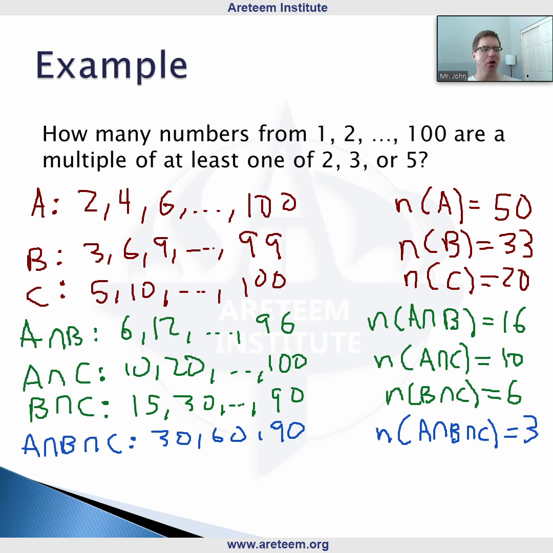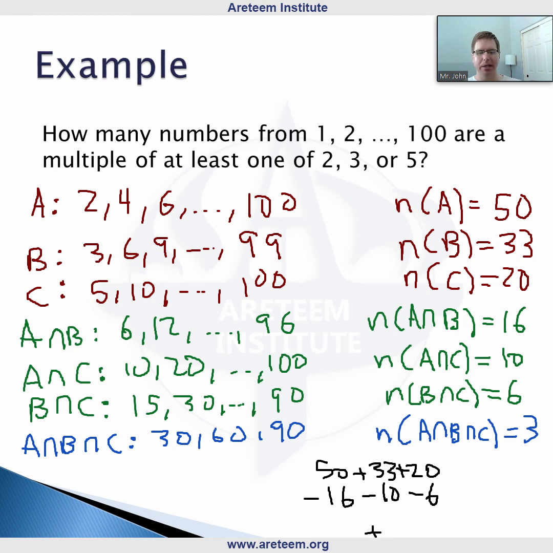Now, putting this all together towards a final answer. Remember, I color-coded these for a reason. We start by adding the numbers together: 50 plus 33 plus 20. So the first 3 numbers are added. The next set are all subtracted: minus 16, minus 10, minus 6.